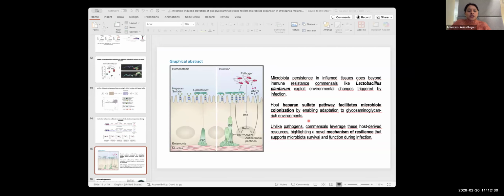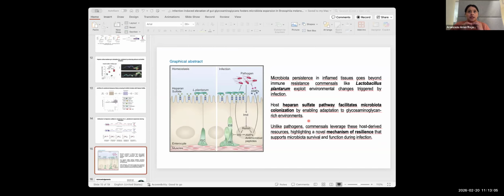Yeah, that's a really good question. One of the results that we got is that in flies we have NF-kappa B signaling as well. We could identify that NF-kappa B is regulating the heparan sulfate pathway, because when we knock out NF-kappa B in flies, we no longer have this effect, which means it's extremely tied to the host immune system.